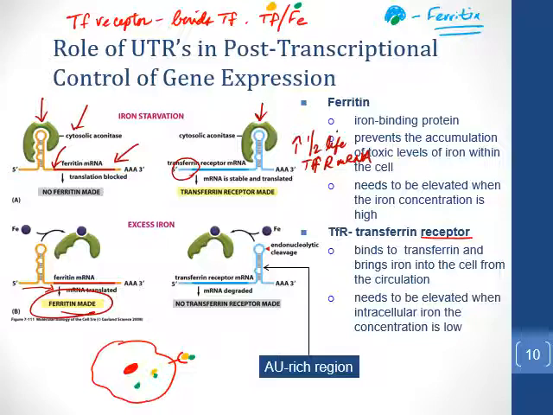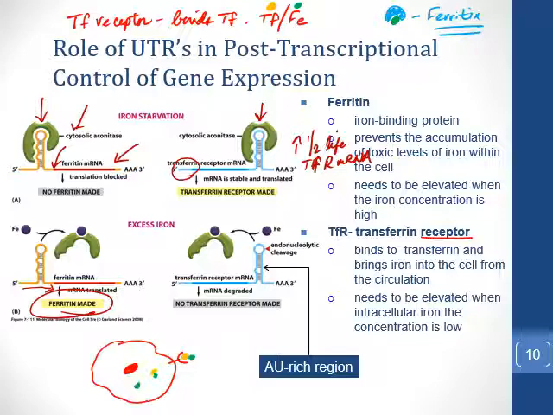They're going to deadenylate the transferrin receptor mRNA. In other words, we're going to reduce the length of the poly A tail. And what's going to happen then in that case is that that mRNA is going to be degraded, so no transferrin receptor can be made. No transferrin receptor can be made because the mRNA has been degraded. It's not there anymore, so there's no mRNA to be translated.